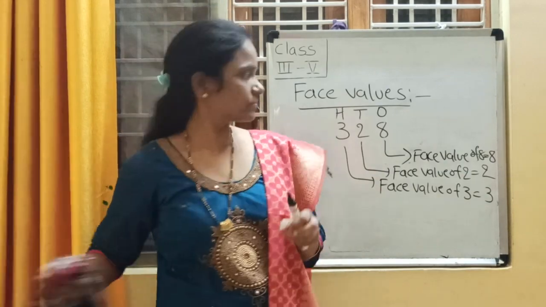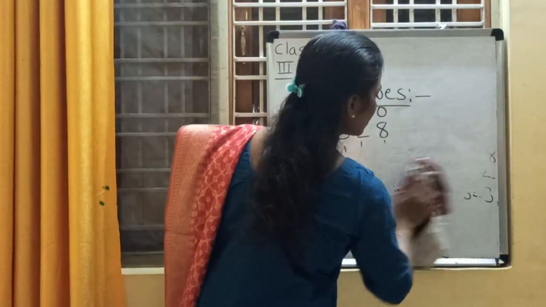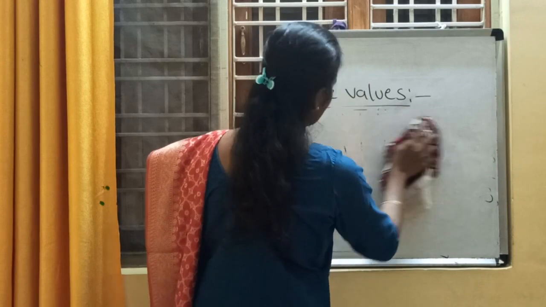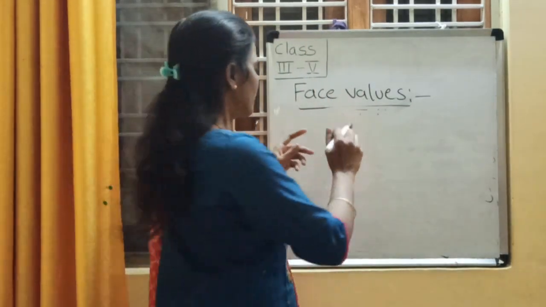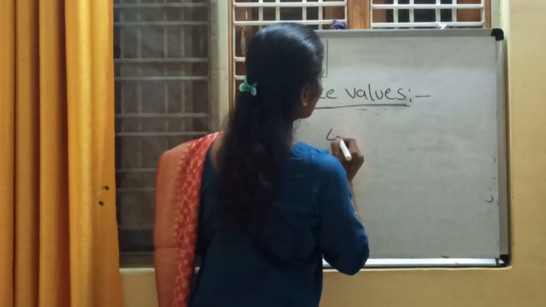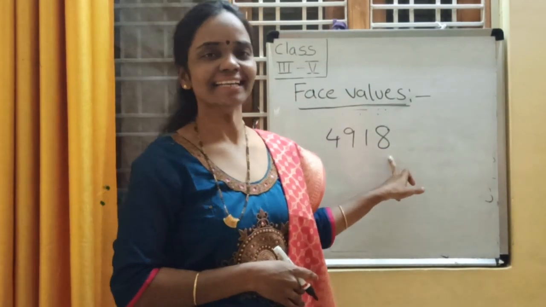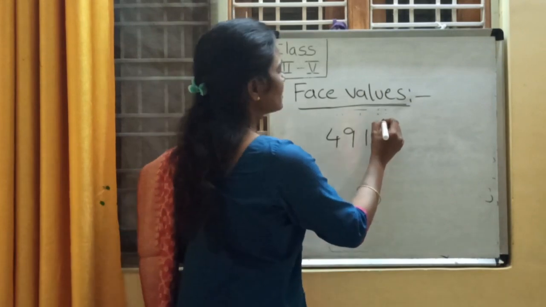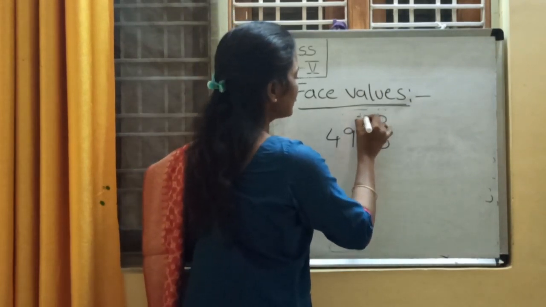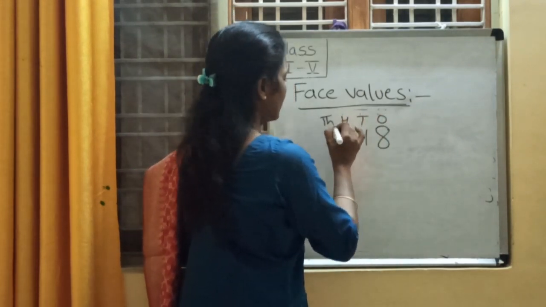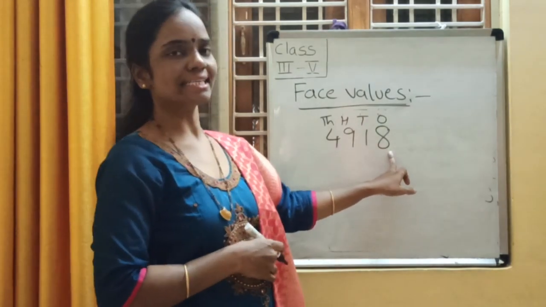Yes. Are you going to tell me the answer? Yes, children. Now take a 4-digit number. 4,918. Now what are the face values? Ones, tens, hundreds, thousands. It is a 4-digit number.